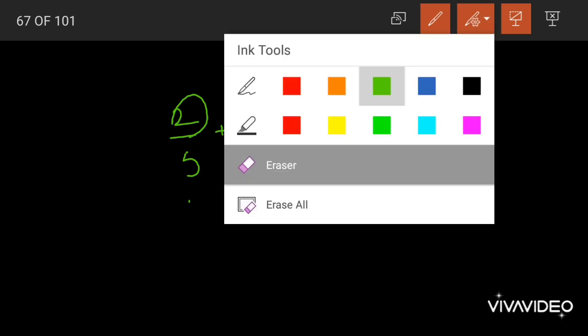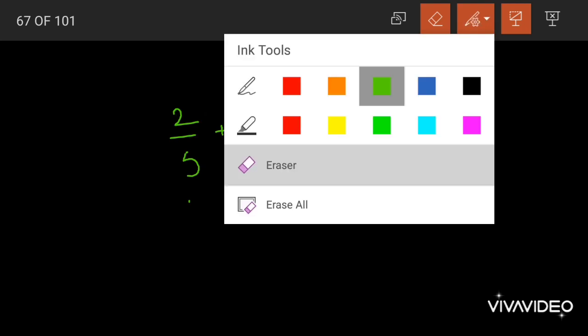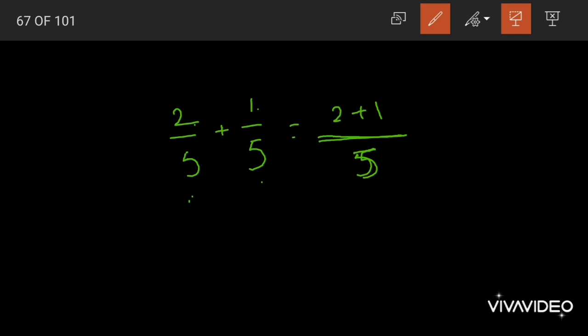Let me erase this here. What is this? 2 by 5 plus 1 by 5. Now again, as I said, these are our like fractions, so we can add them easily. 2 plus 1.